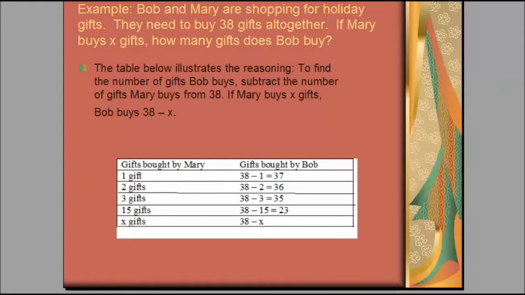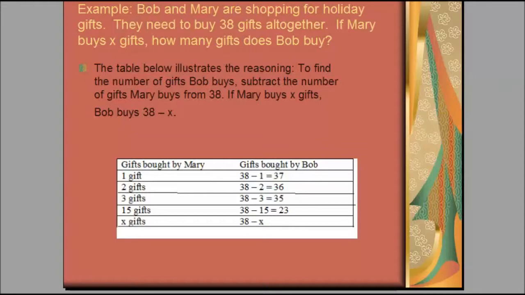Let's suppose they need to buy 38 gifts and Mary buys 1 gift. We know without even thinking that Bob then has to buy 37, but to find that, we've taken the total gifts, which is 38, minus the gifts bought by Mary, which is 1, to get 37. Suppose Mary buys 2 gifts. How many does Bob buy? Well, he buys 38 minus 2, which is 36.